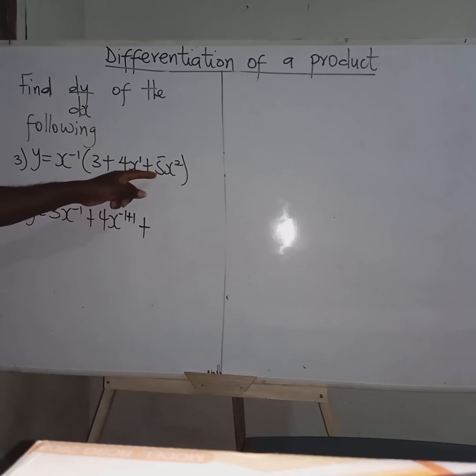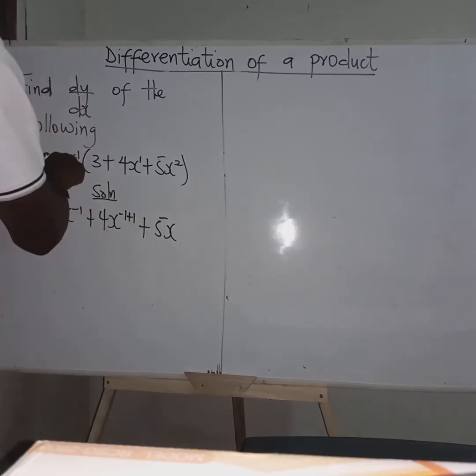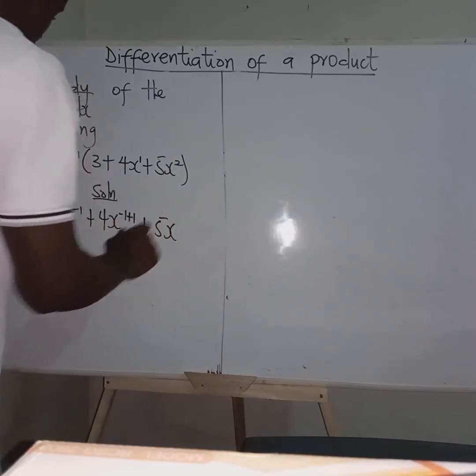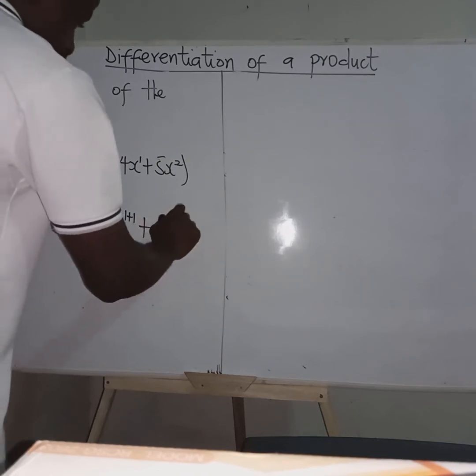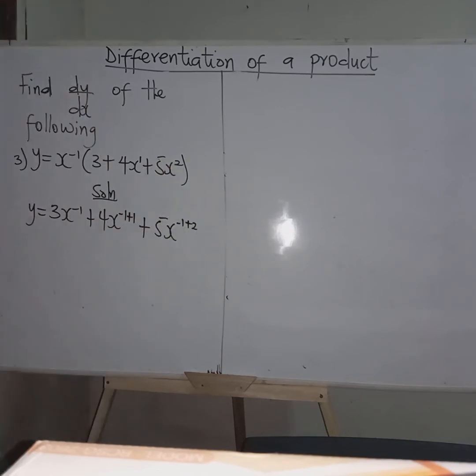Plus x exponent minus 1 times 5x exponent 2 will give us 5x. This is power of minus 1, plus this power of 2. So in indices, whenever you're multiplying with the same base, you add their powers.